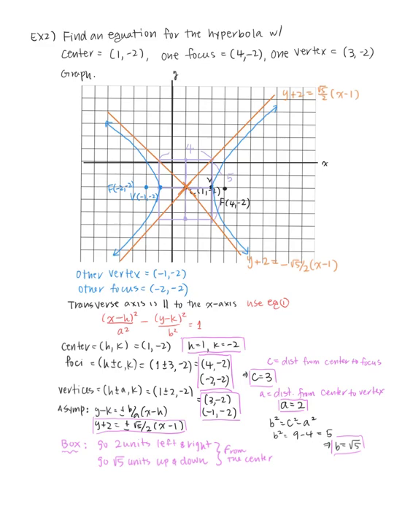So let's go back, and I'm going to take the equation that we wrote earlier and fill in the blank. So we're going to get x minus 1 squared over 4 minus y plus 2 squared over 5 equals 1. So this is the equation of our hyperbola.